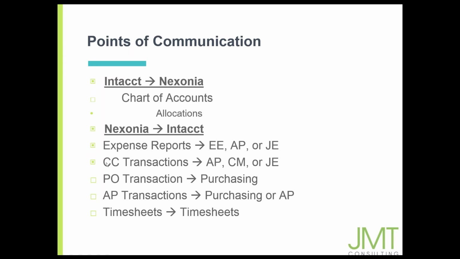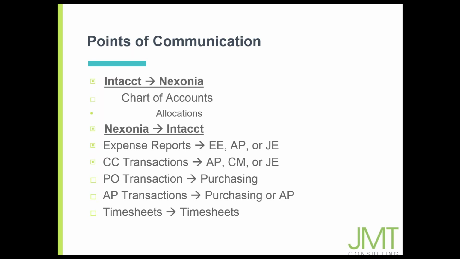Additionally, credit card transactions can also go into accounts payable or a journal entry, or the recommended route is using the cash management module so that we can utilize the reconciliation tools that are available. Purchasing documents can go into the purchasing application in Intacct.